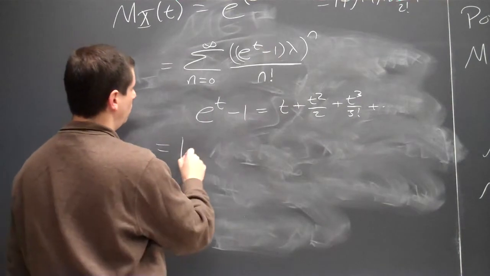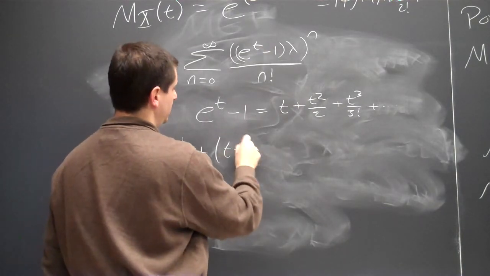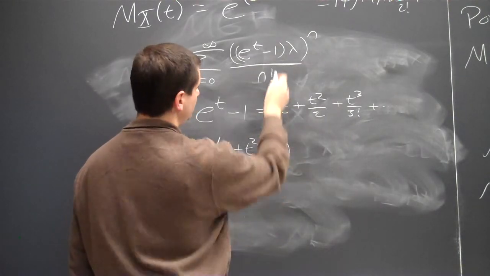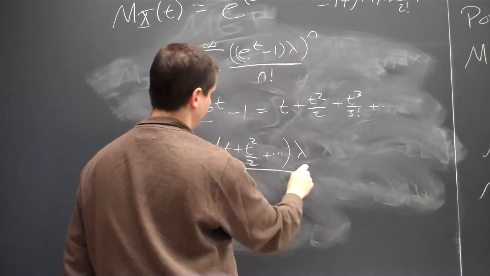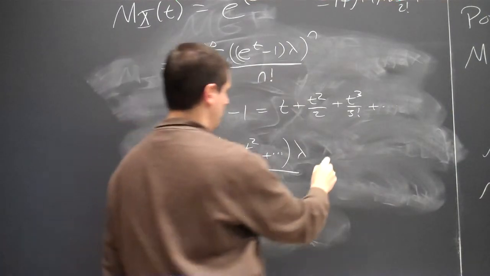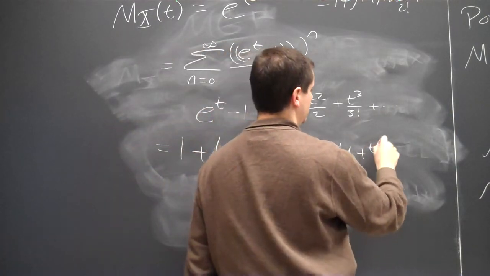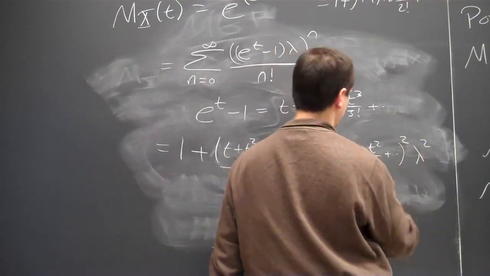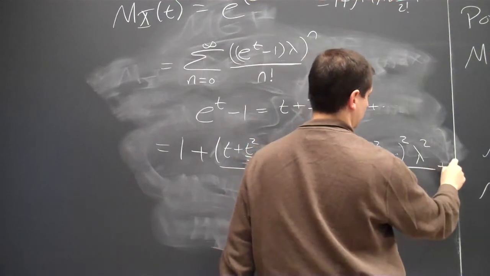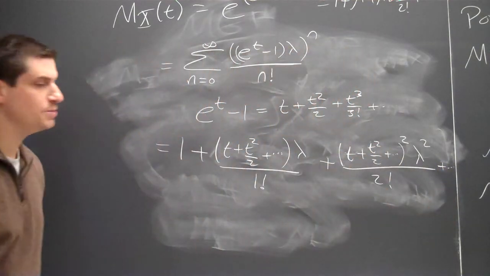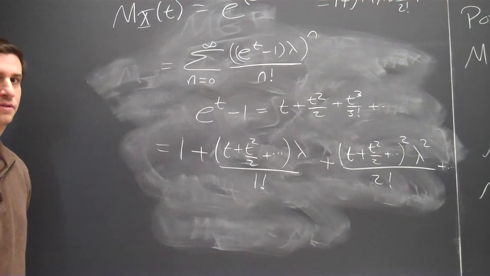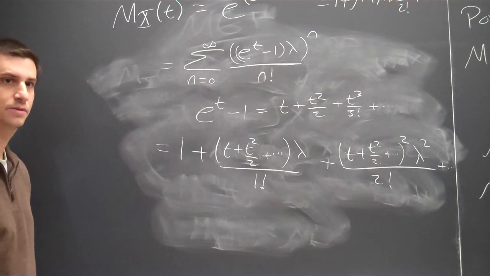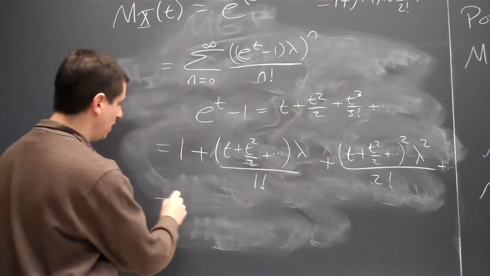So this is equal to 1 plus t plus t squared over 2 plus dot dot dot, times lambda over 1 factorial, plus t plus t squared over 2 plus dot dot dot, squared, times lambda squared over 2 factorial. Do I need to worry about anything else? Will anything else give me a t squared term? No.